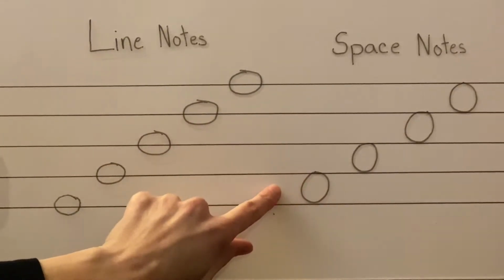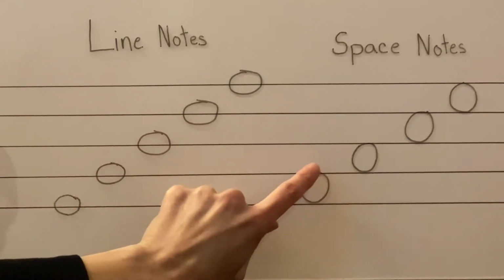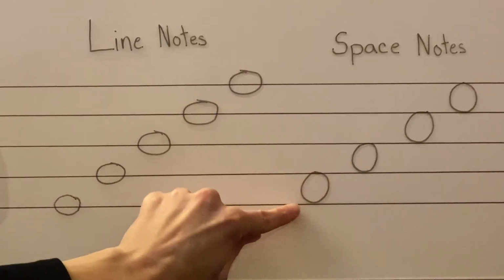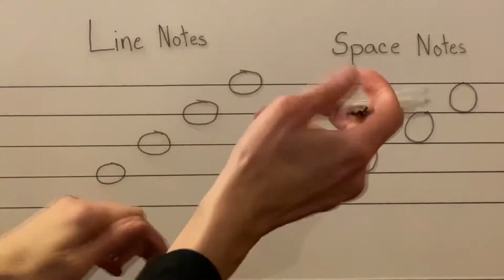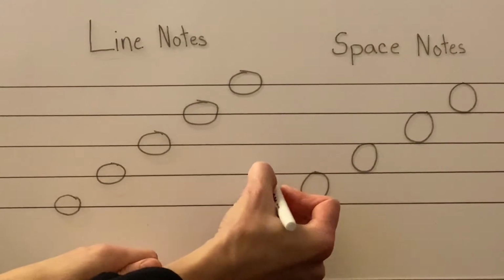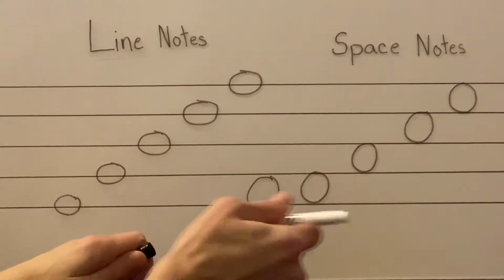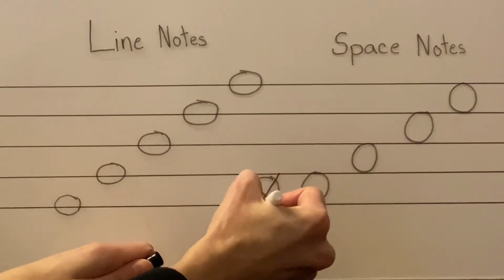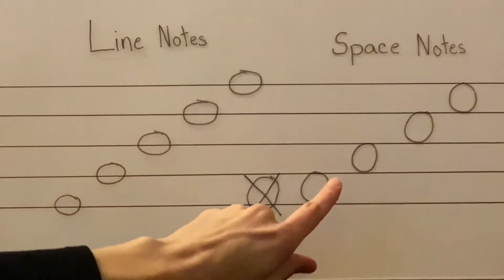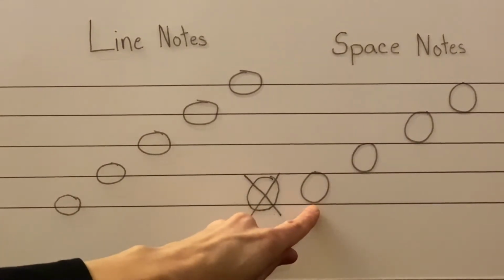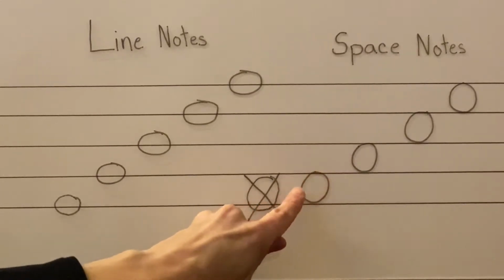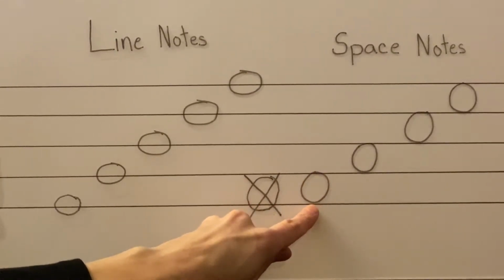Now for a space note, we have our note head and it should completely fill the space. You want to be careful. You don't want to draw it like this where it just gets a little bit of the line. That gets confusing. We don't want to do that. When you look at your music, you're going to see that our space notes are going to exactly fill the entire space.